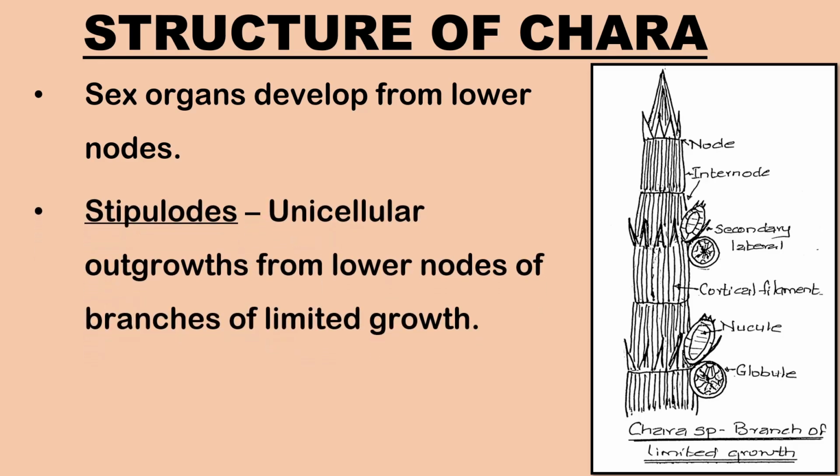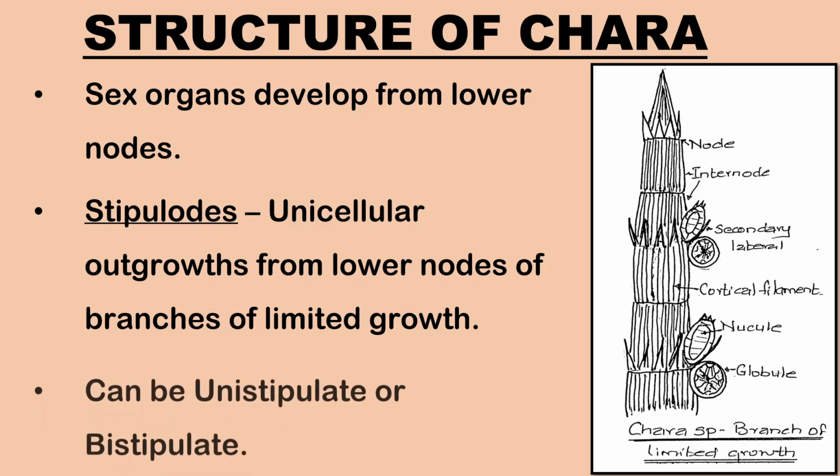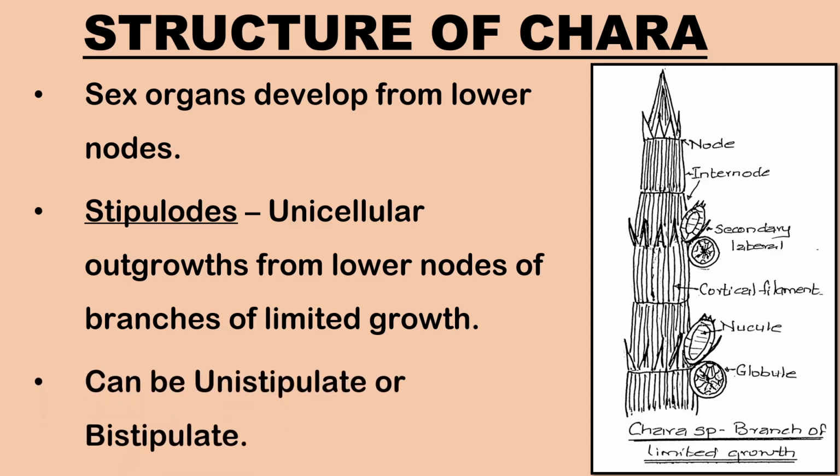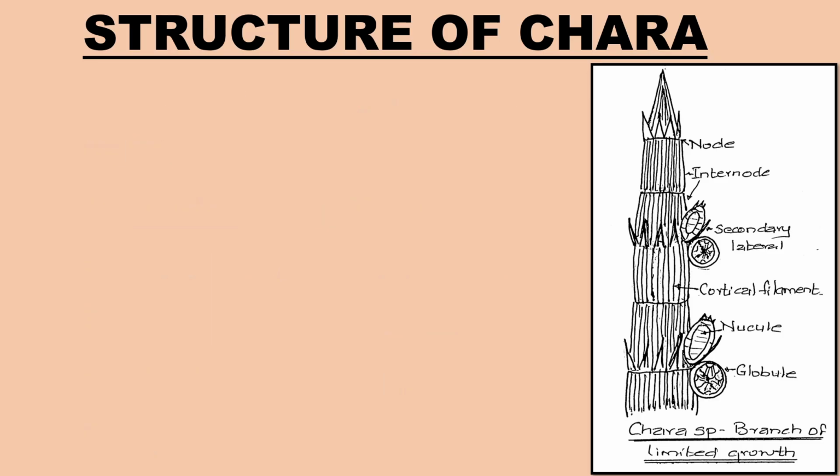Stipulodes are unicellular outgrowths arising from the lower nodes of branches of limited growth. When the number of stipulodes is equal to the number of branchlets, the stipulodes are known as unistipulate. If the number of stipulodes is double the number of branchlets, then the stipulodes are known as bistipulate.